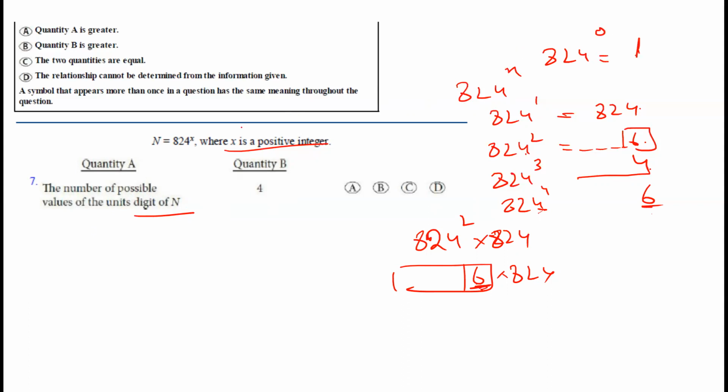But over here, it's specifically written that x is a positive integer, and we know that 0 is neither positive nor negative, so we cannot use this. So the number of possible values of the unit digit would be 2, because it can be either 4 or 6. So 2 is less than 4, hence quantity B is greater than quantity A.